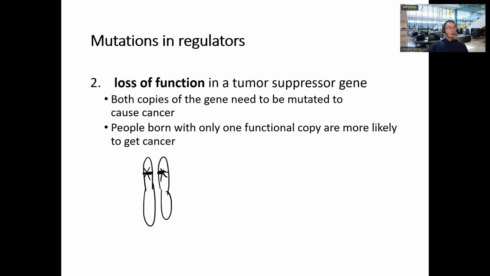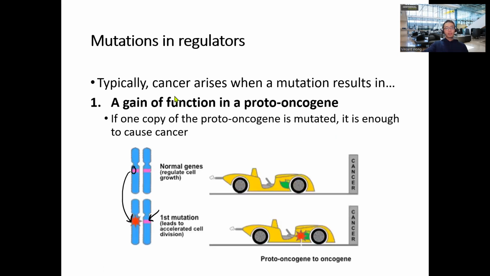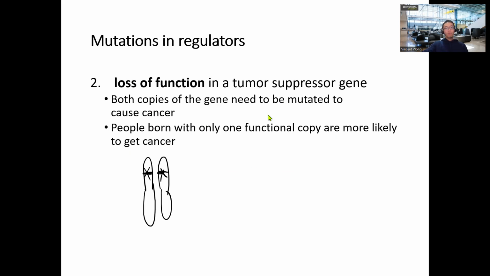Let's just do a final poll here. Which one gives you a higher chance of getting cancer? Is it A, mutation in proto-oncogene, or B, a mutation in tumor suppressor gene? I'm just going to wait for a few more responses before I end the poll.